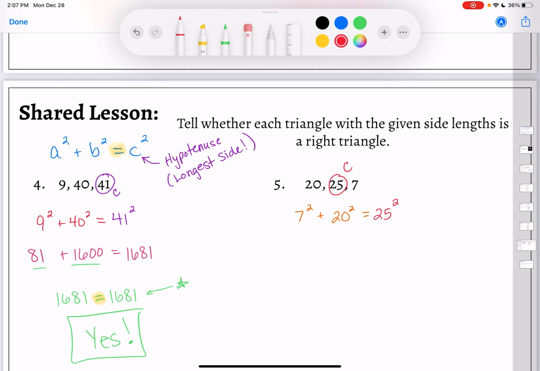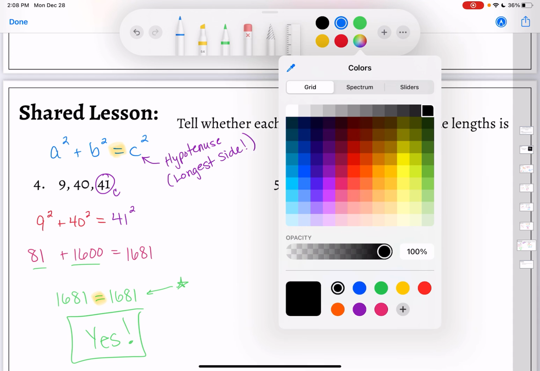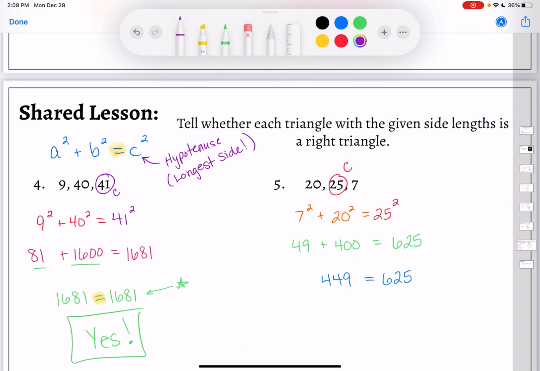You can change the order when you're adding. 7 squared is 49. 20 squared is 400. 25 squared is 625. So this gives me 449 equals 625. Oh, yikes, that's not true, right? That does not equal. So this is not a right triangle.